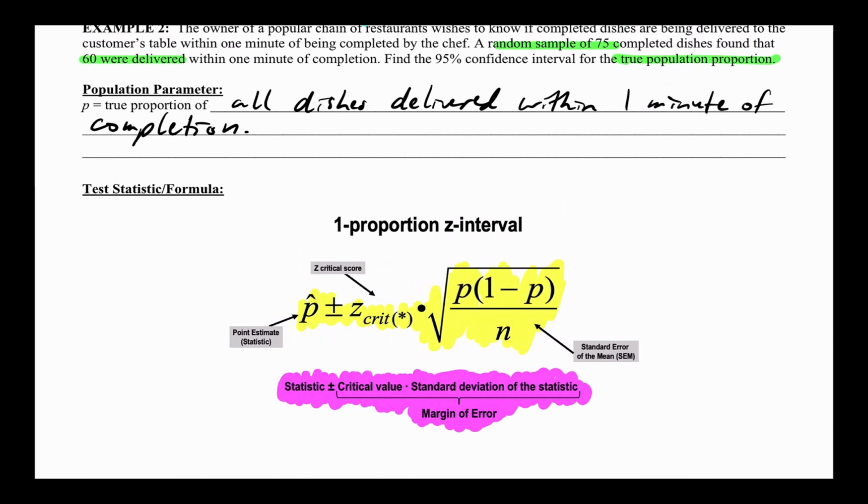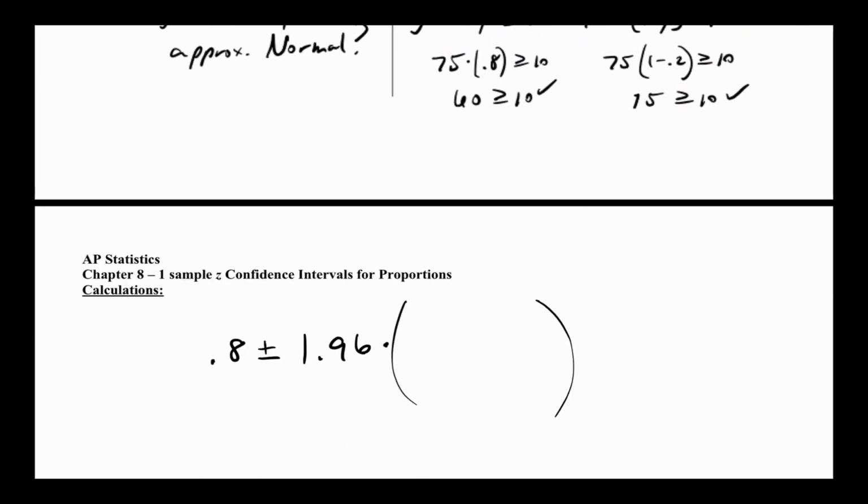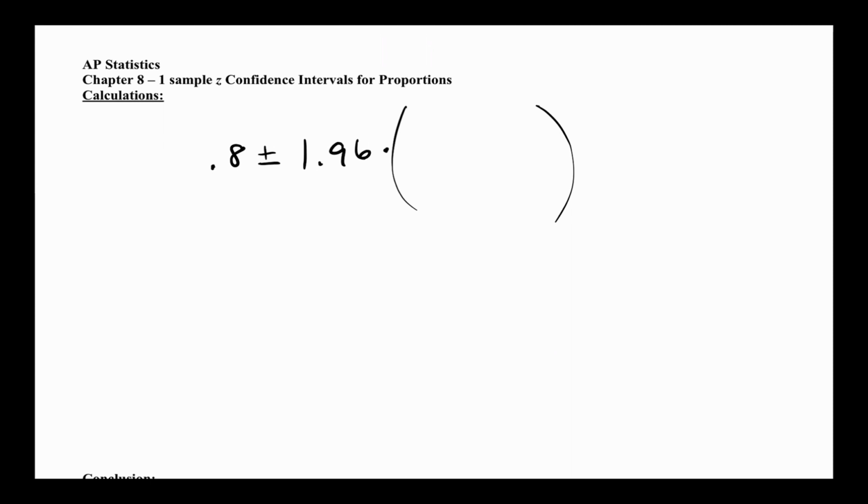But we just don't have that number. That's what we're trying to figure out. Most of the time, you won't have that number, because if that's the number we're trying to figure out, why would we have it? Doesn't make sense. So we'll just use p hat: the square root of 0.8 times 1 minus 0.8 over 75.